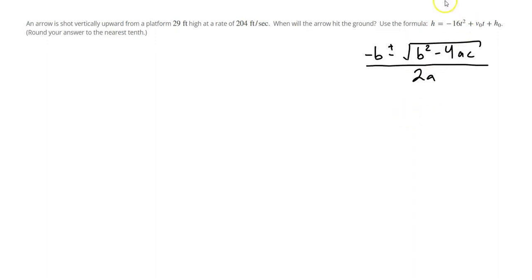We've got h equals negative 16t squared. Let's start realizing what everything is. This negative 16t squared, well, that, my friends, is gravity. This v naught t is the initial velocity.